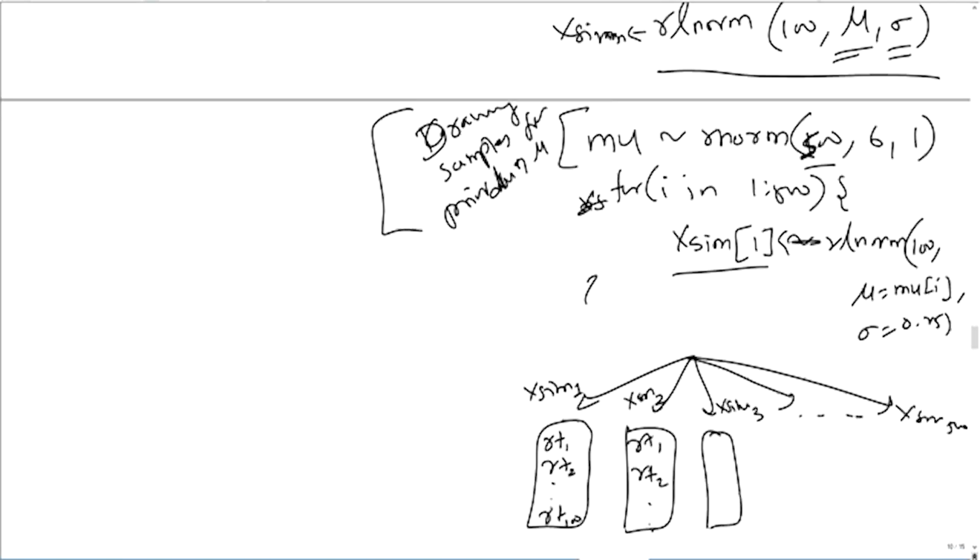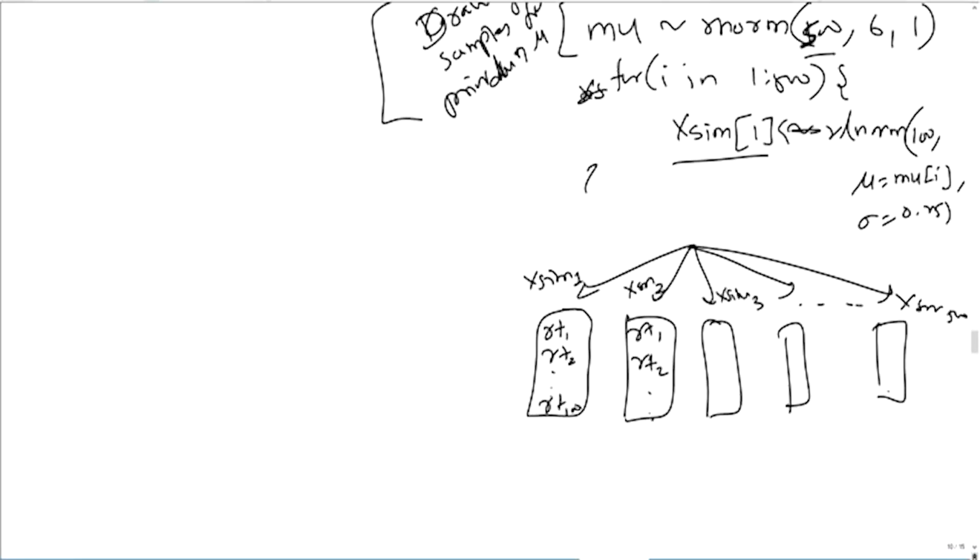This is how the prior predictive data looks. This is called prior predictive data. So you have 500 samples of prior predictions from the model, where each sample contains 100 observations.